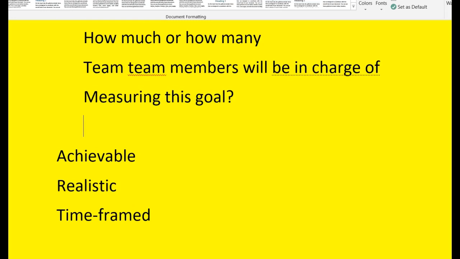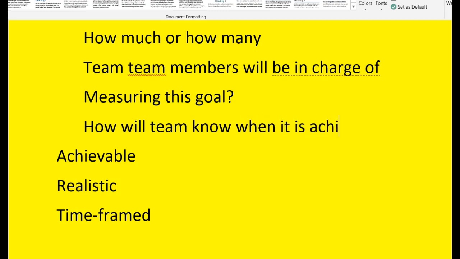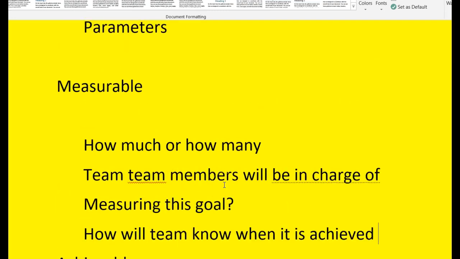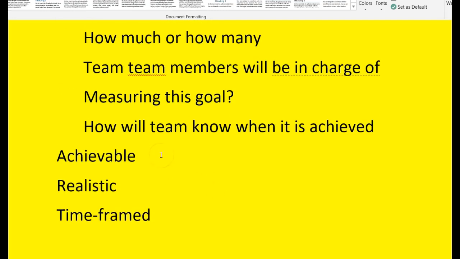And the procedure for when it's obtained, or how the team knows it's achieved. Again, these are sort of interrelated, but that's okay.